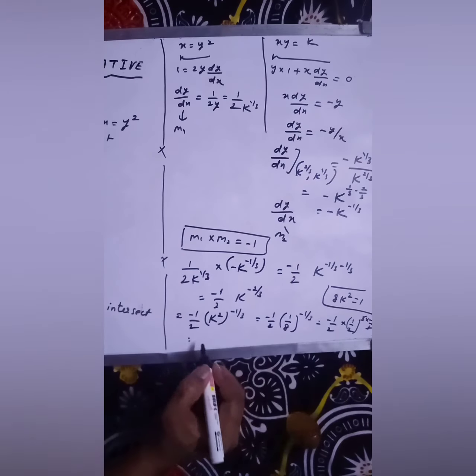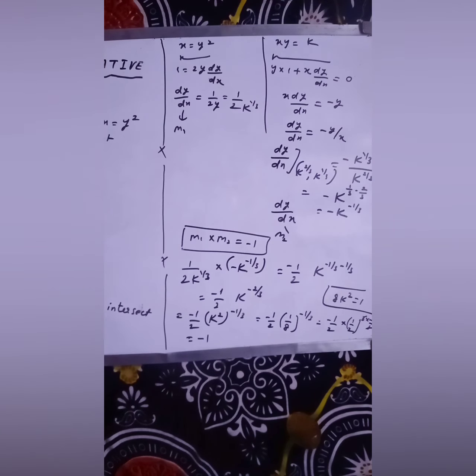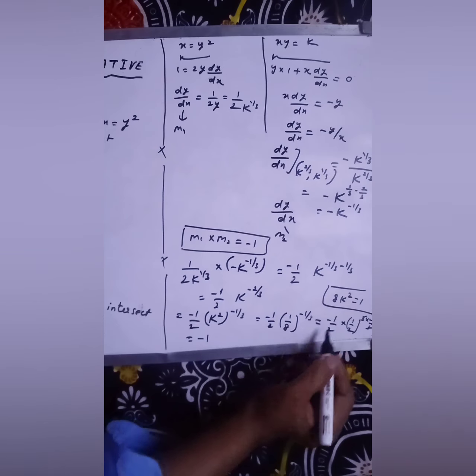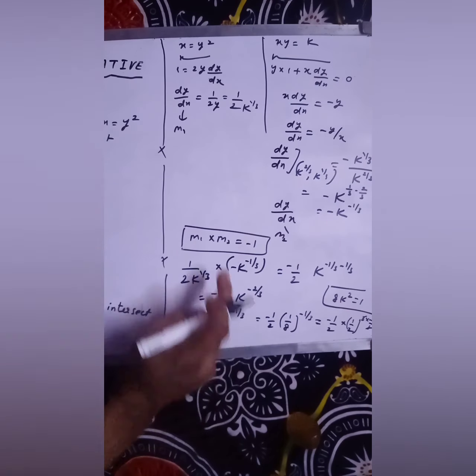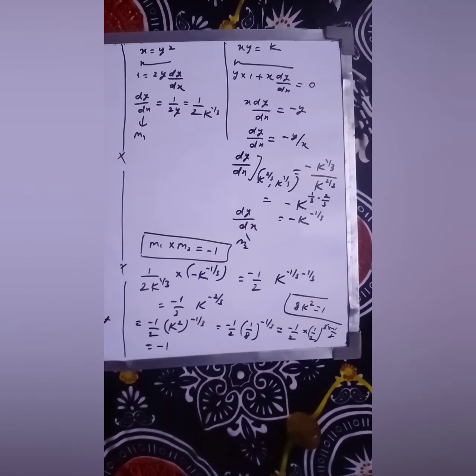And on solving this, you will get minus 1. This minus 1 is coming. Hence, they are perpendicular. Okay, hence they are perpendicular. Got it? Okay.